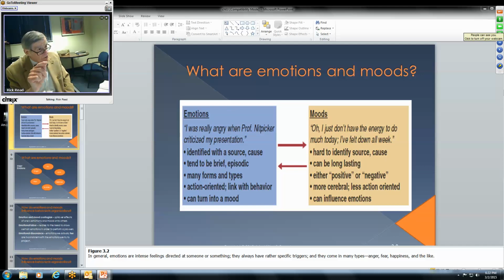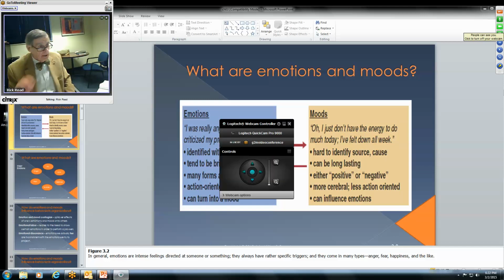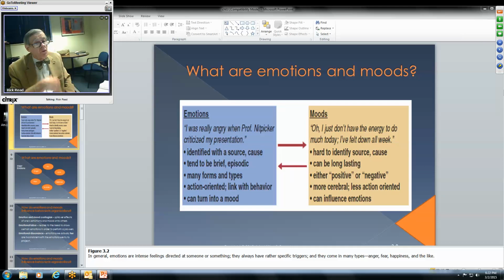On the other hand, a mood here says, I don't have the energy to do anything today. And I really had that type of feeling all week. So nobody knows where that came from, where that feeling of inertia came from. Notice it can also influence emotions.